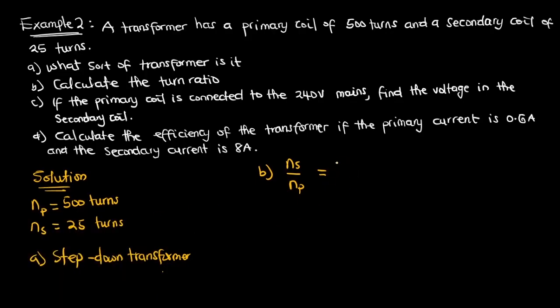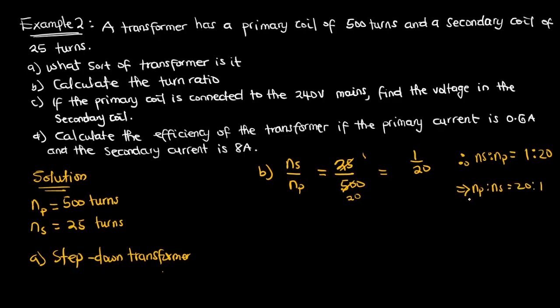So our NS is 25, our NP is 500. This will cancel itself; 25 goes into 500 20 times. So the ratio is 1 over 20. Therefore our NS is to NP is equal to 1:20. It can also be 20:1 if you bring the NP first, NP is to NS, then it will become 20:1. Regardless of how you position it, it is still correct.